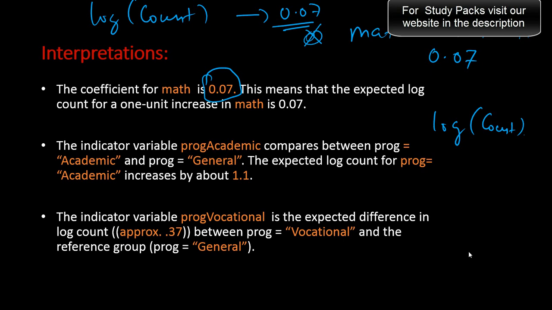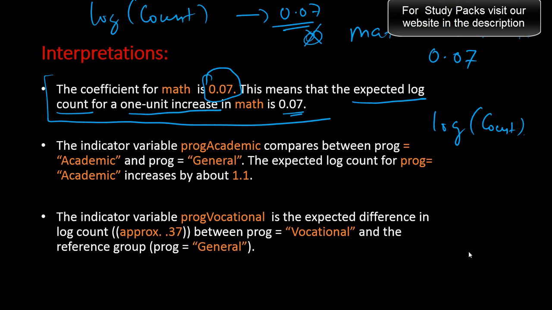It is slightly trickier compared to a multiple linear regression, and I highly recommend reading this statement carefully to understand it. The coefficient of math is 0.07. This means that the expected log of count for a 1 unit increase in math score is 0.07.